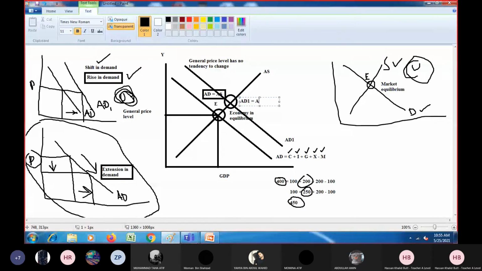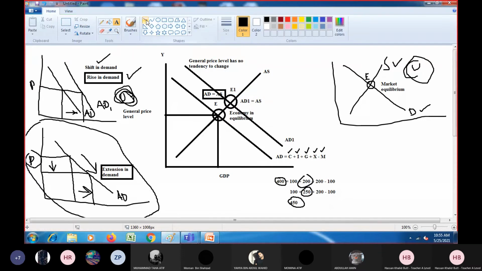So this will be our new equilibrium, and we'll call it E1. Okay, E1. So now if I drag it towards the y-axis like this, we can easily see that the price level has gone up, because of the rise in demand.